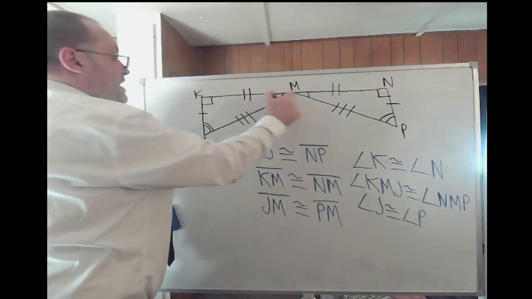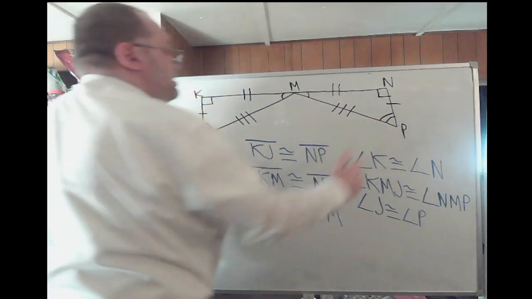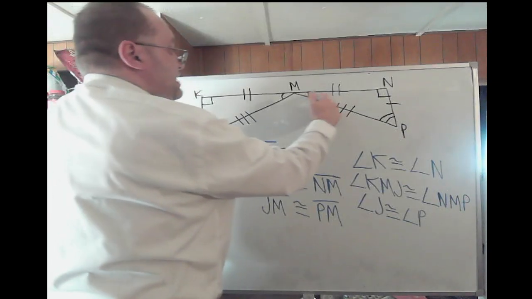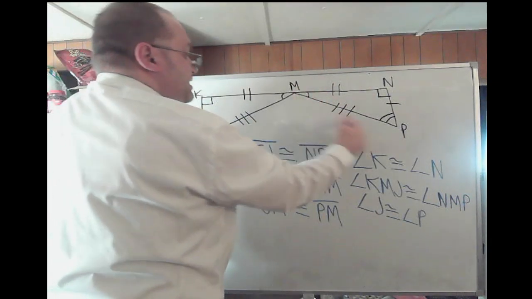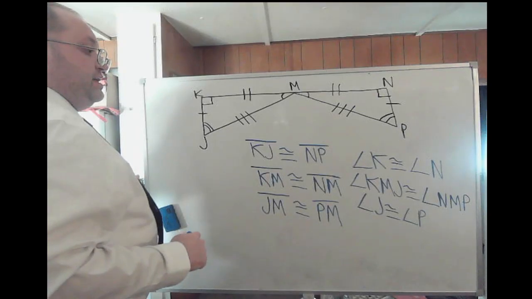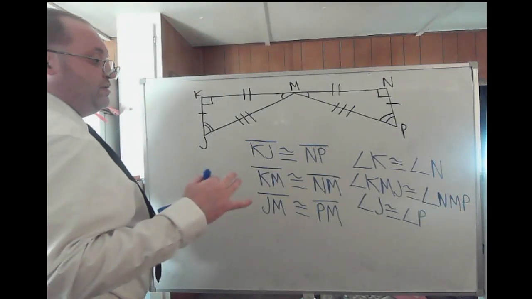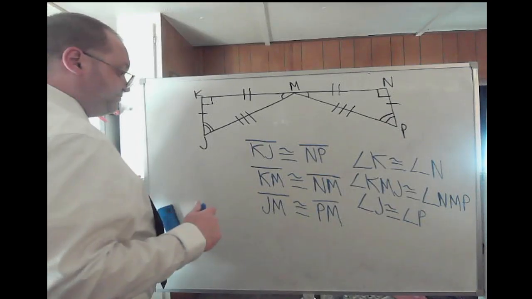So it'll be angle KMJ. It'll be angle NMP on this side because the line segments NM and MP come together to form this angle. So that's why we have a 3-letter name for the angles.